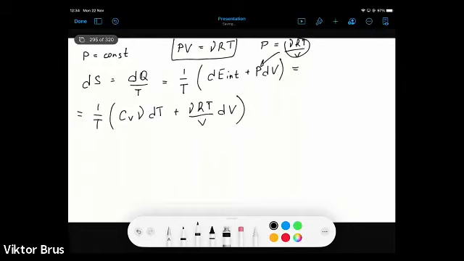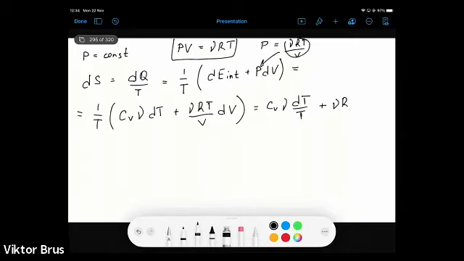So now let us open the parentheses. We will get the following. So it will be CV times nu times dT over T, and it will be nu times R. Temperature will be cancelled out.